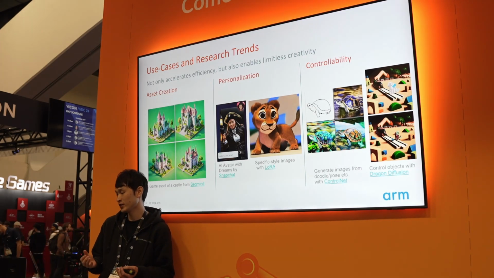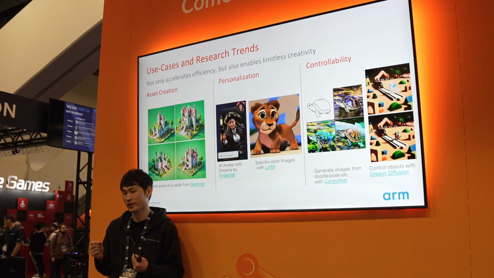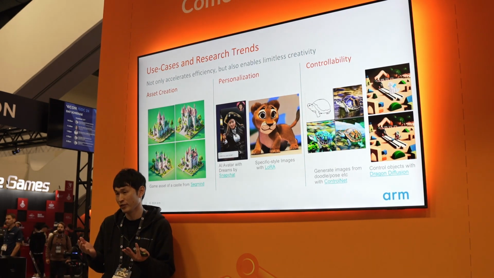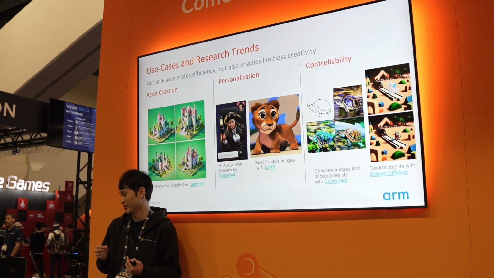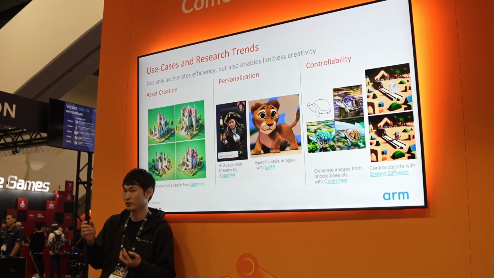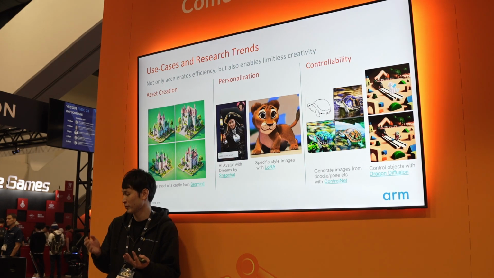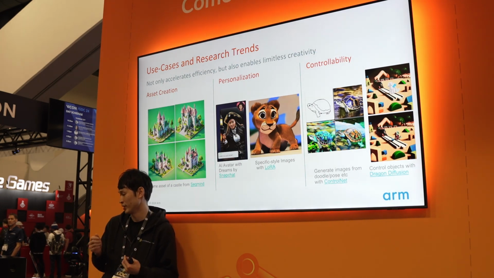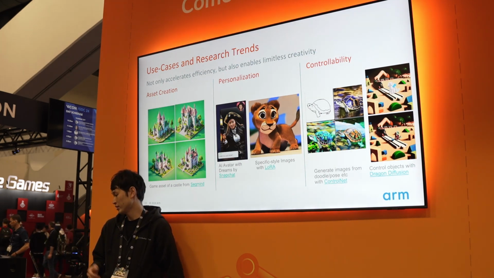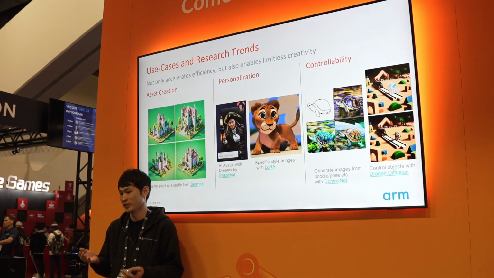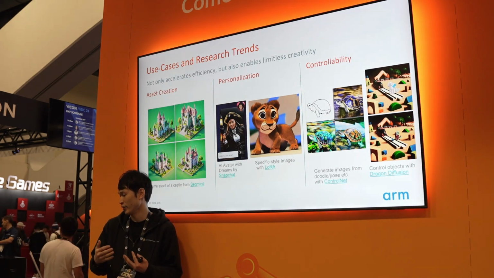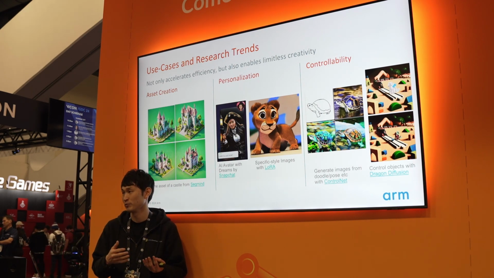There's also research on improving the controllability of generated images. On the left, ControlNet technique uses text prompts along with rough doodle sketches or pose skeleton, etc. to generate image based on these inputs. This allows for some degree of control over the composition of the generated images that couldn't be achieved with text prompts alone.